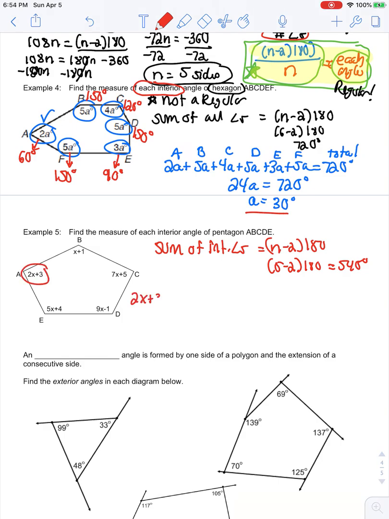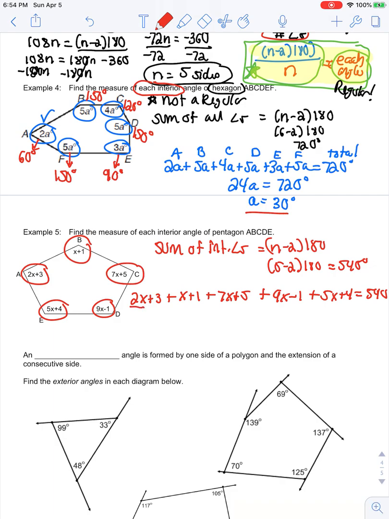And from there, we can set up an equation where we add together angle A plus angle B plus angle C plus angle D plus angle E, and it will equal the total of 540 degrees.